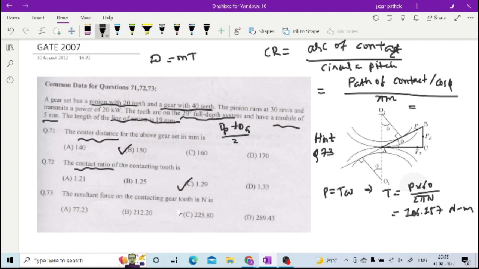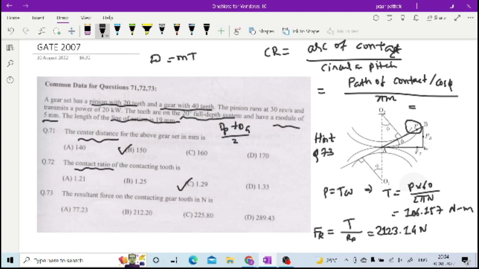Once you have this torque, you can find Ft, which is generating this torque, by Ft equal to torque upon the radius of pinion, right? That radius of pinion we have already calculated earlier. So this will give you the value, that will be 2123.14 Newton.